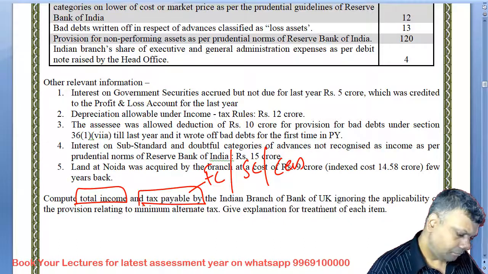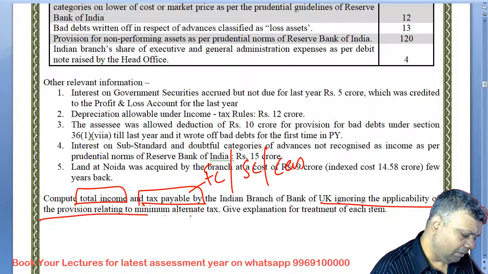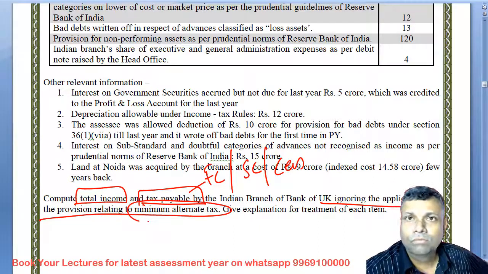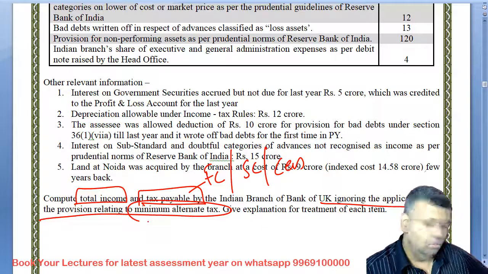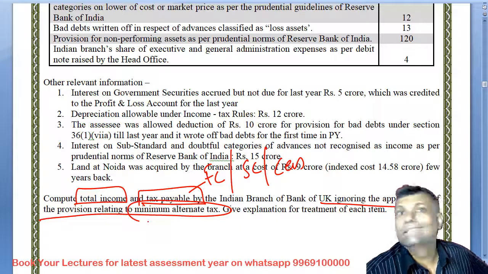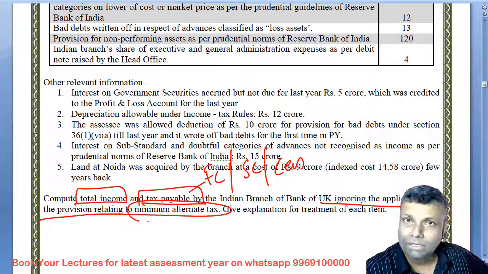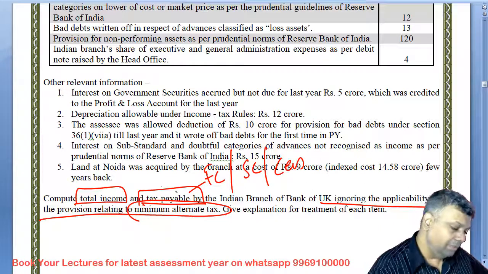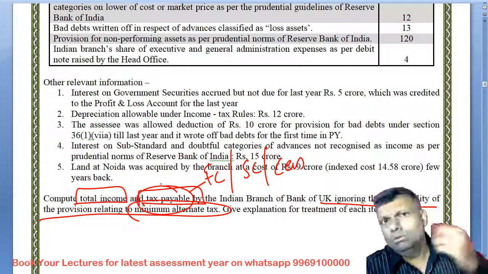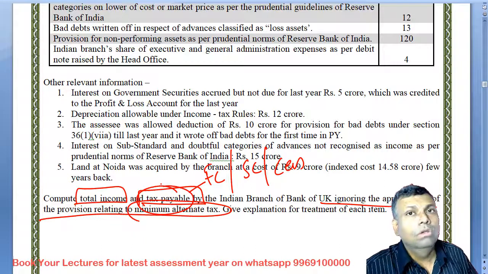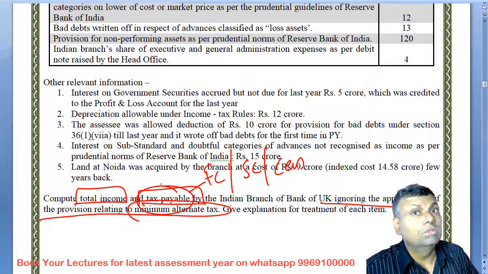Then, ignoring the applicability of the provisions of minimum alternate tax. So, to that extent, in this particular question, there is a relief. It is clearly printed that you have to calculate total income and the tax payable. Normally, whenever you say the tax payable, that means you should do the MAT calculations, because you never get the tax payable without applying the provisions of the MAT.